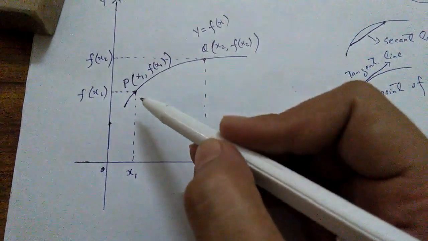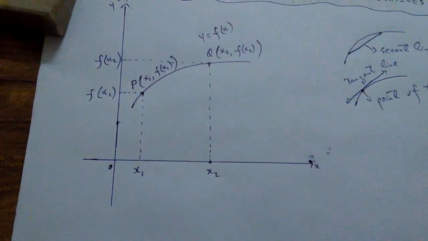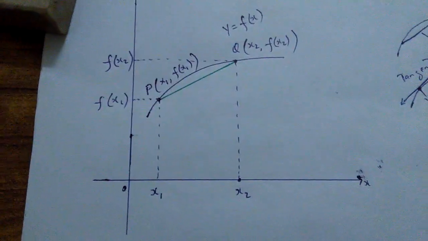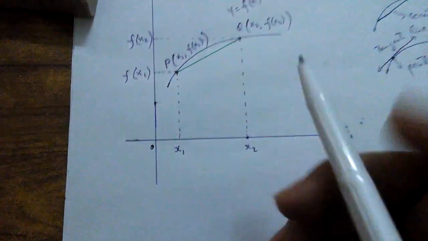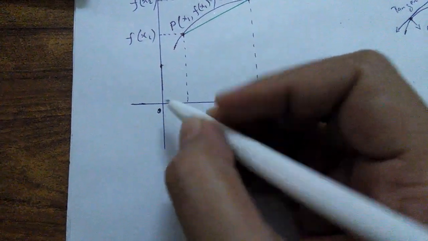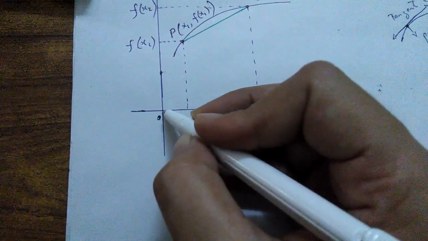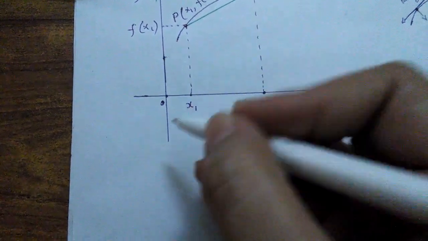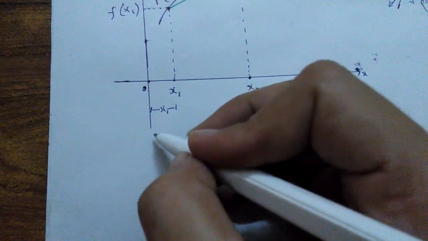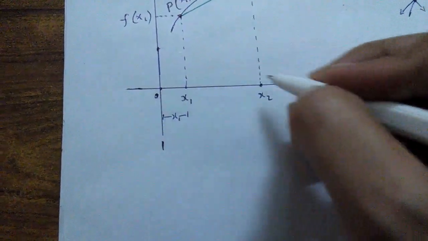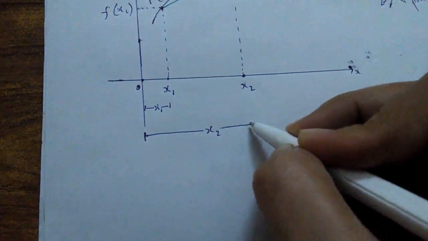So over here you can see, once I join my points P and Q, I'm going to have a secant line, and it looks something like this. Let me join it. Okay, like this. This is the secant line that I have just obtained. Now let's move ahead. If I measure the length from the origin to this point x1, I call this length x1, and the length from the origin to this point x2 is represented by x2.